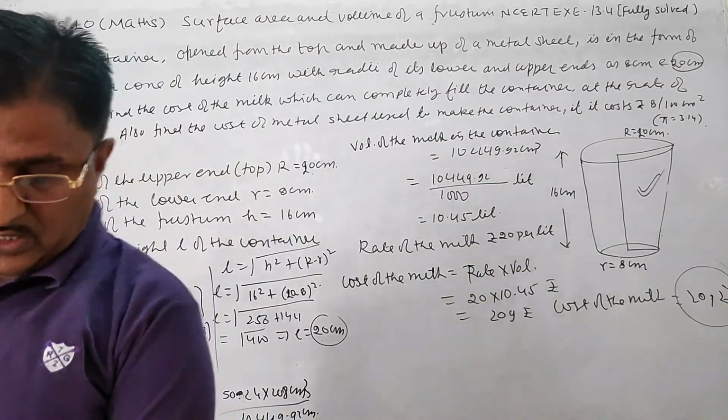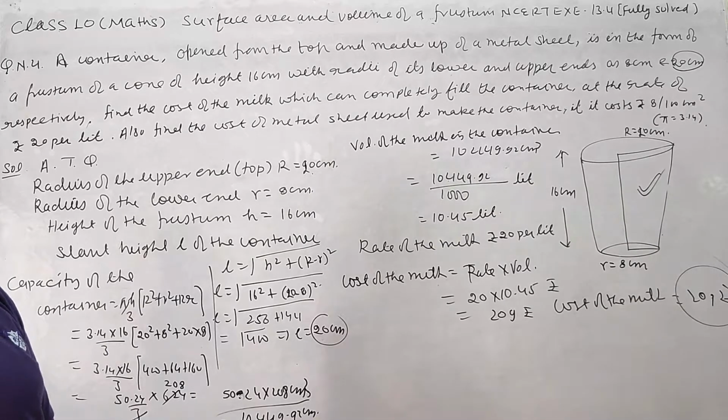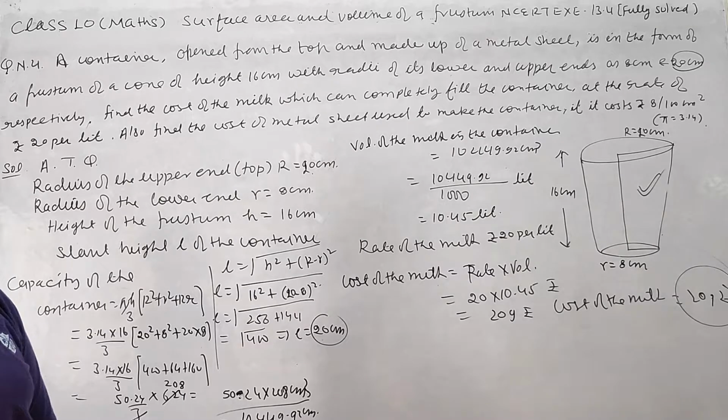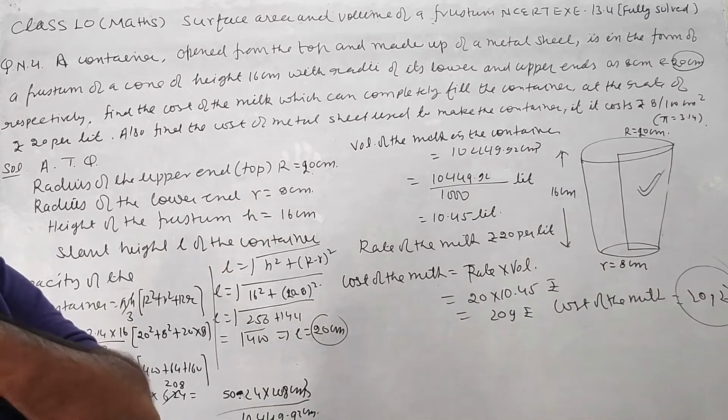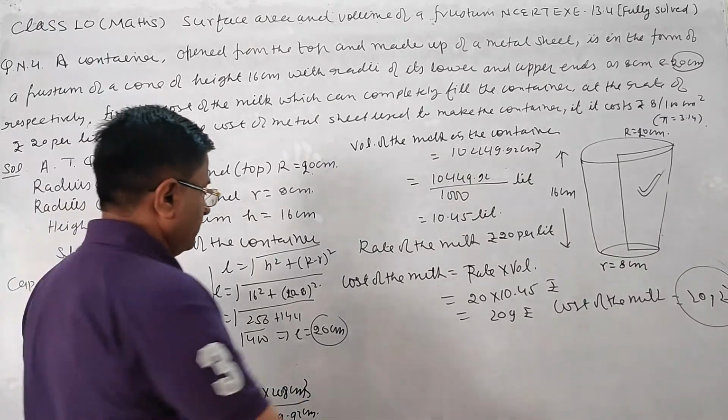So we need the base area and the area of the wall. That will give you the area of the metal sheet used. And if you multiply that by 8/100, that will give you the total cost of the metal sheet used. Correct?